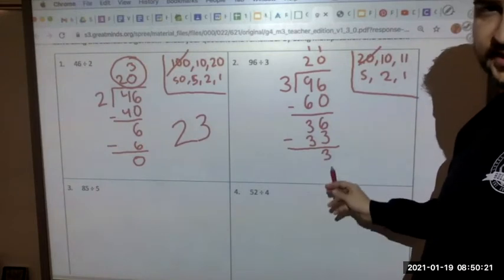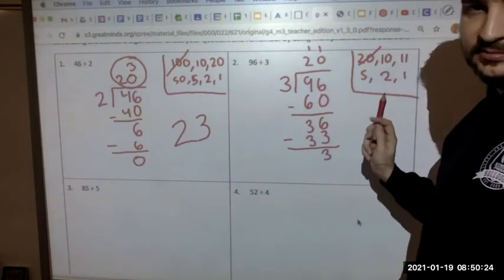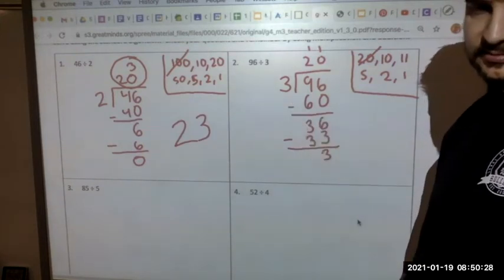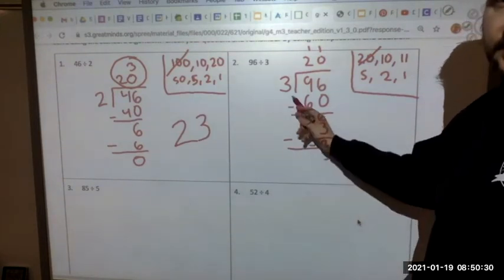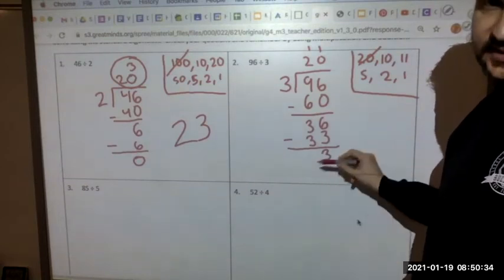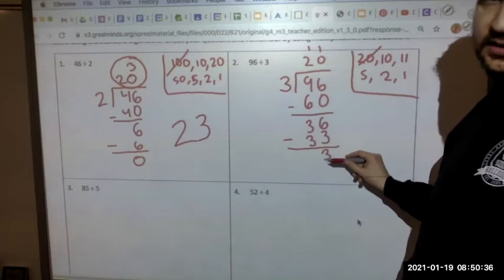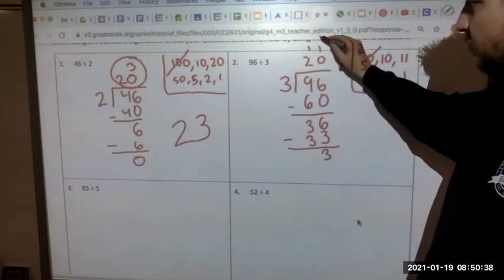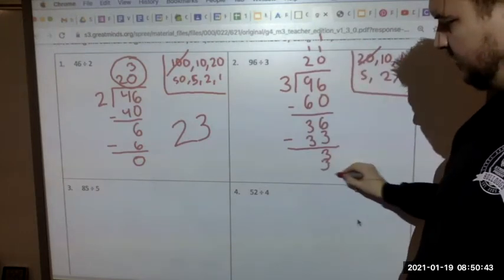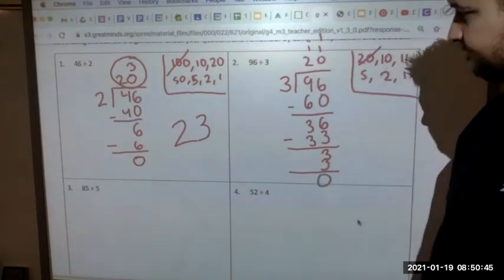Now, before you get excited and say, okay, I'm done, 3 can still go into 3. It is not smaller than the divisor, so I got to keep going. That's where a lot of kids mess up. They think they have a remainder. They've got to keep going. So I'm going to do 1. 3 times 1 equals 3. Then I have 0 as my remainder.